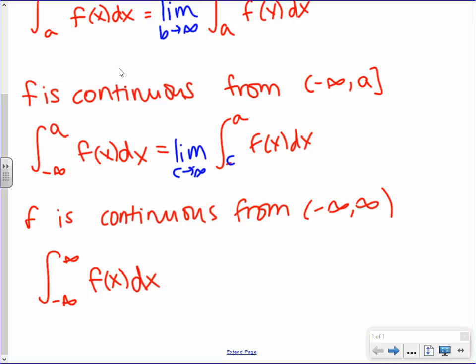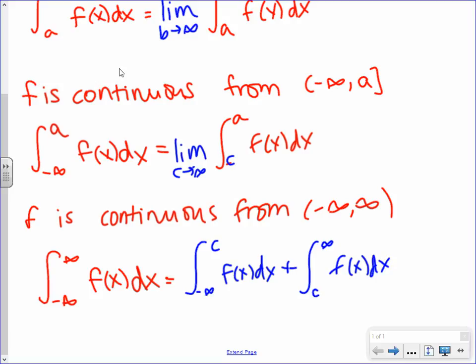What we would have to do is pick some value in between negative infinity and infinity, and break this up into the integral from negative infinity to, we'll say c, and add it to the integral from c to infinity. And then you would have to work with two different limits.